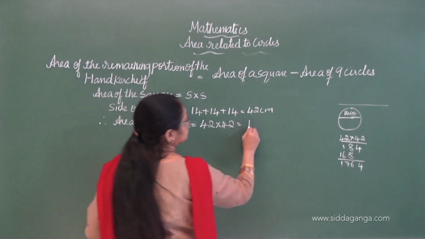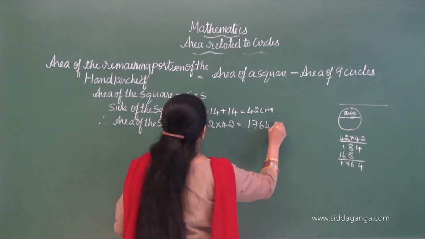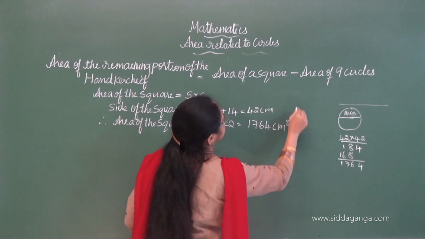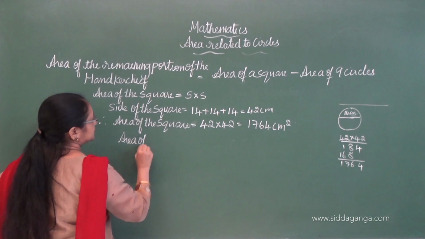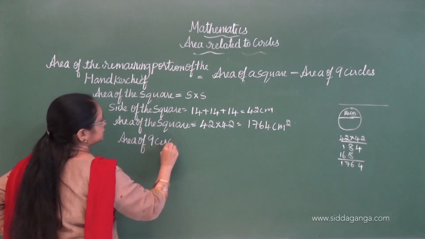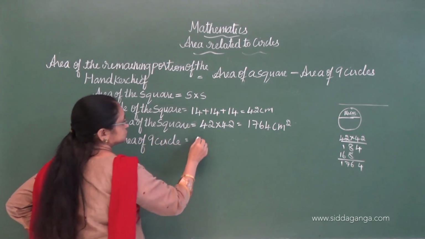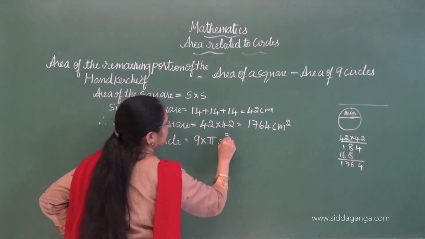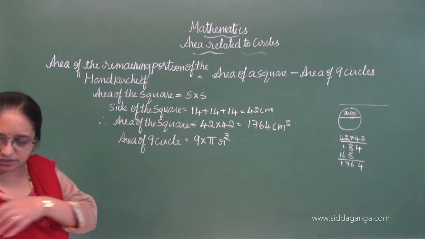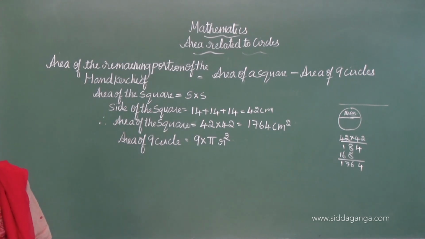Next, find out the area of one circle or area of 9 circles. So here we have the radius. So 9 into pi r square. Just see whether they have given to use 3.14 or not.